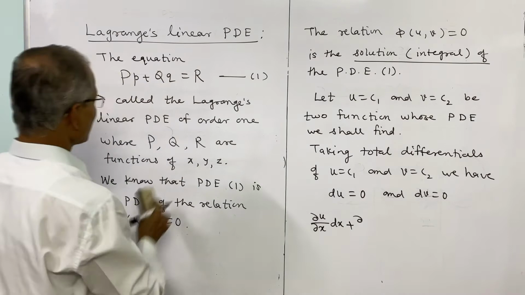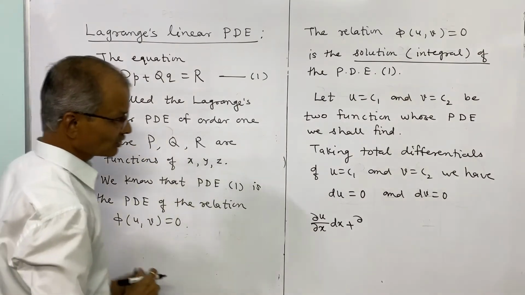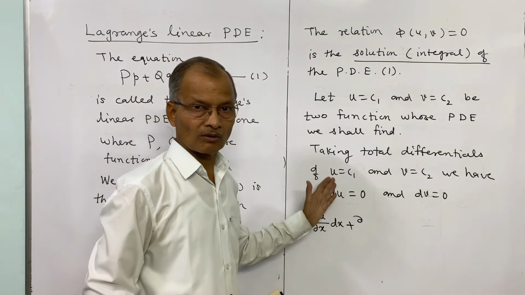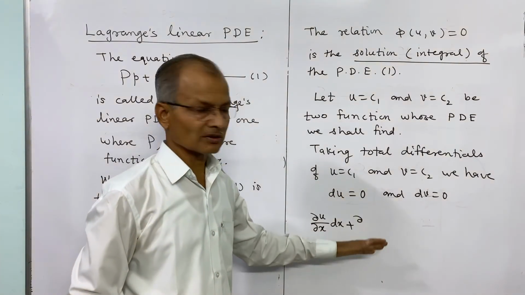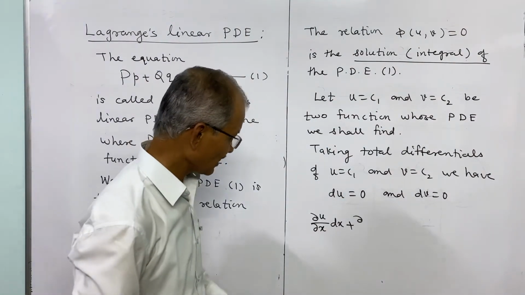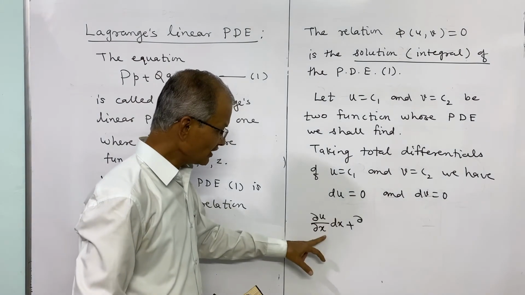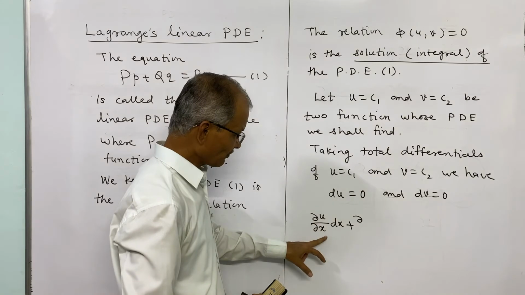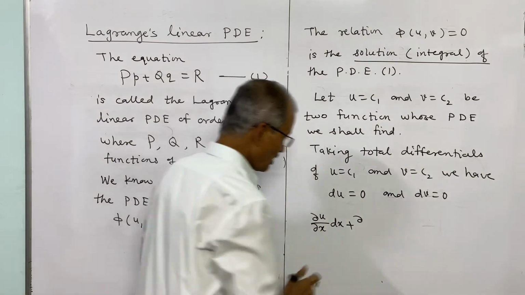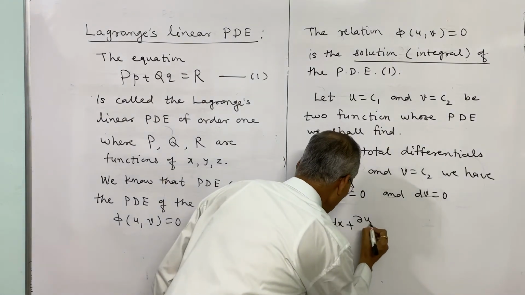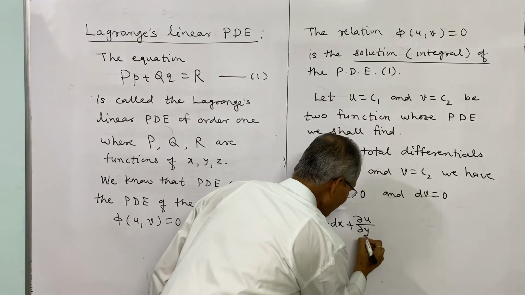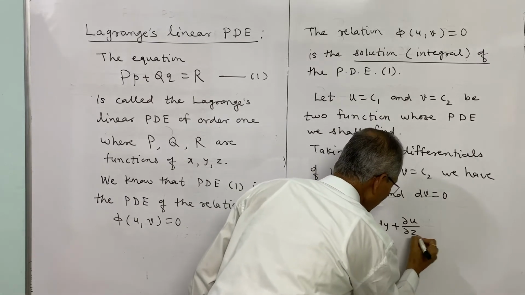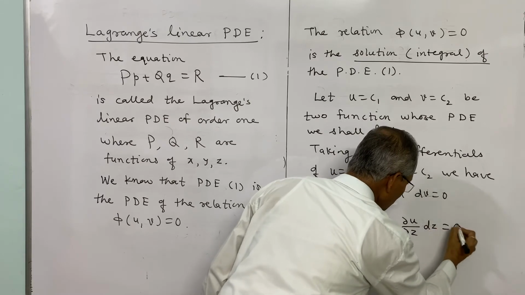We know that if f is a function of x, y, z, then df is dou f by dou x into dx plus dou f by dou y into dy, etc. Similarly here the total differential du will be dou u by dou x into dx plus dou u by dou y into dy plus dou u by dou z into dz is equal to 0.